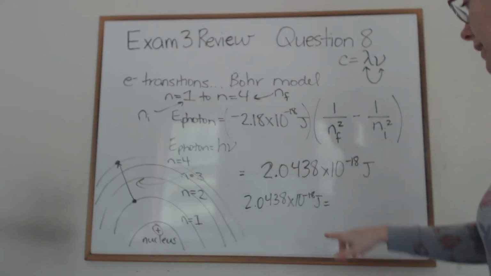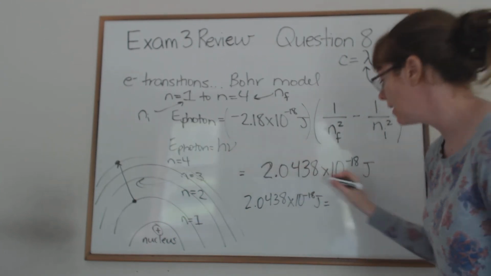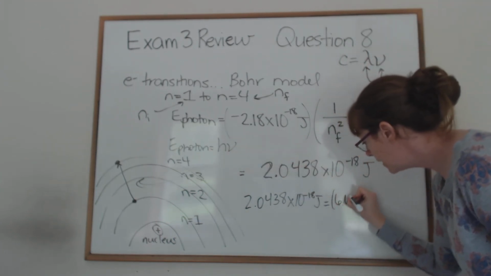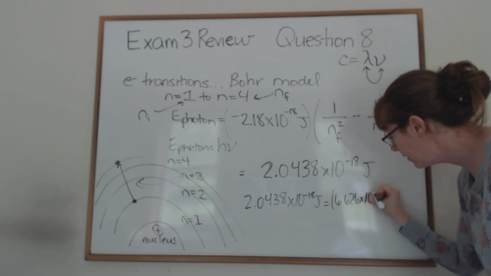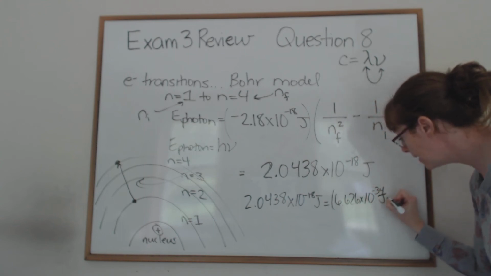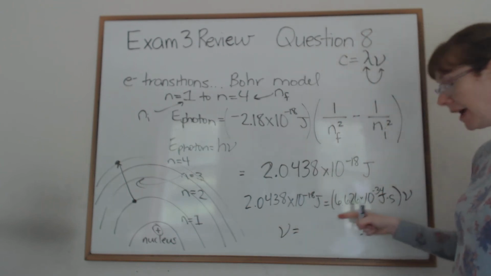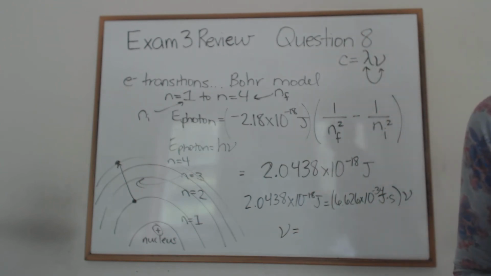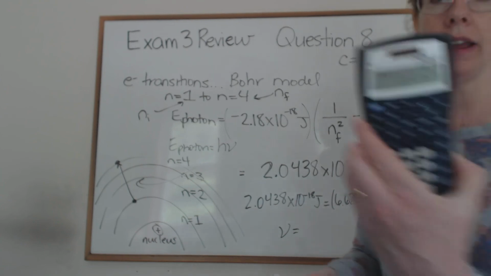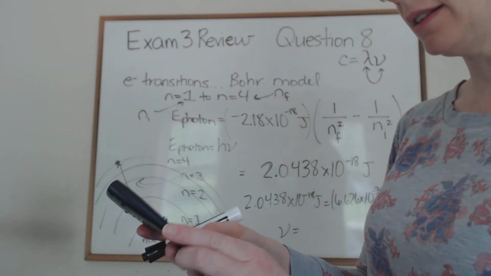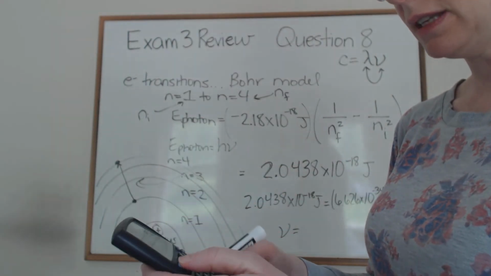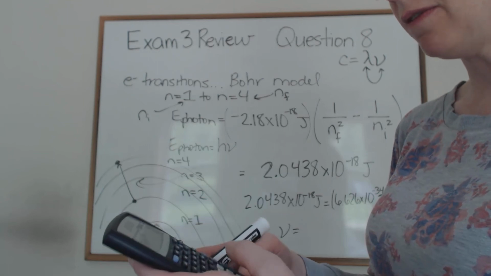So if I've now calculated the energy of my photon, now I can get frequency by setting it equal to Planck's constant, 6.626 times 10 to the negative 34th joules times seconds, times frequency. So I will get frequency if I divide both sides by h. I've still got this in my calculator, so I'm just going to divide by Planck's constant, 6.626 times 10 to the negative 34th.